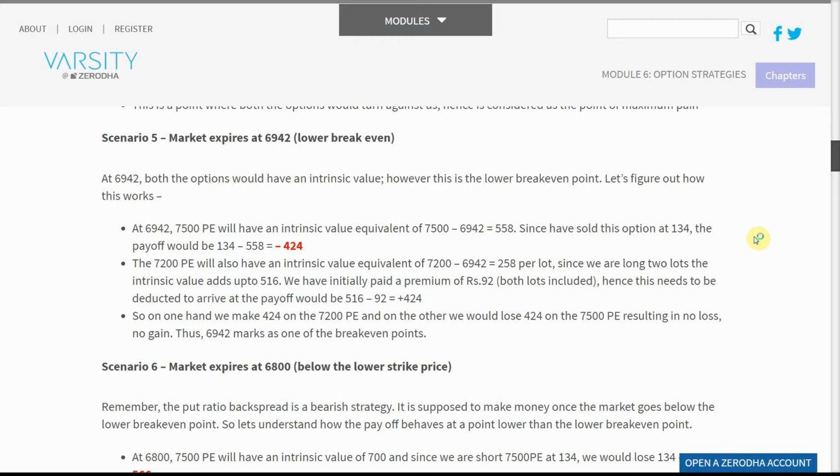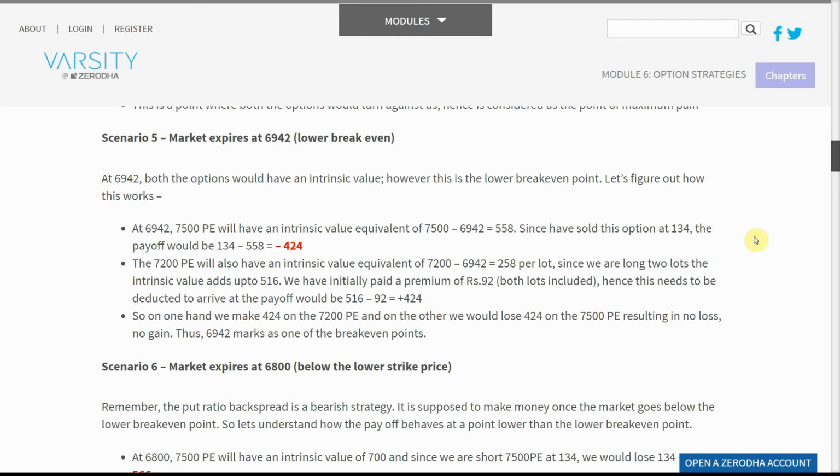Hence this needs to be deducted to arrive at the payoff: 516 - 92 = +424. So on one hand we make 424 on the 7,200 PE, and on the other we would lose 424 on the 7,500 PE, resulting in no loss, no gain. Thus, 6,942 marks one of the break-even points.